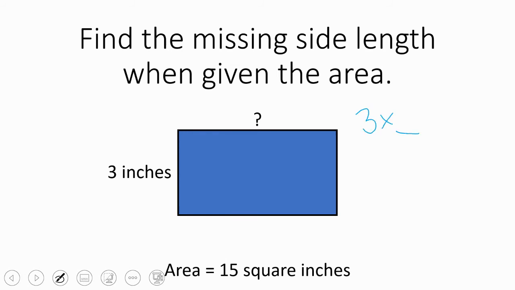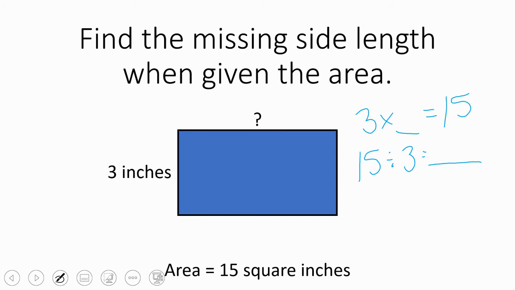I could write 3 times blank equals 15. Since I'm missing one of my factors, I'm missing one of my side lengths, I can rewrite this as a division sentence. Again, your total must come first in division. 15 divided by 3 equals blank.